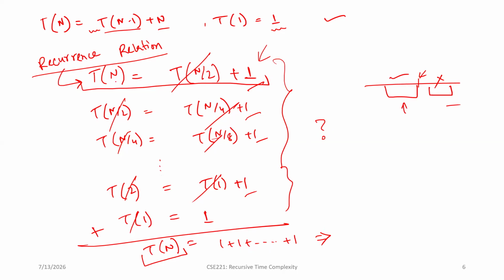Which is the number of lines that we need to write to get n reduced down to 1, each time dividing it by 2. n becomes n by 2 in the next line, n by 2 becomes n by 4 in the next line, n by 8, n by 16, and going very down to 2 and 1. So from our common sense, we know this is log.